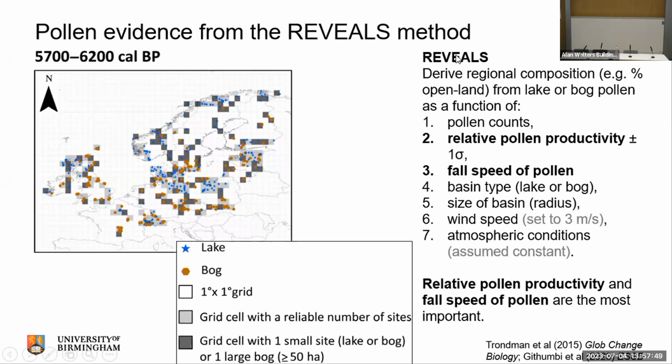It relies on understanding the relative productivity of pollen of different species and how that's going to accumulate in a given fossil pollen record. This is just an example from Europe showing the sites and the coverage they've managed to build up. This is the group in Sweden that I'm collaborating with.